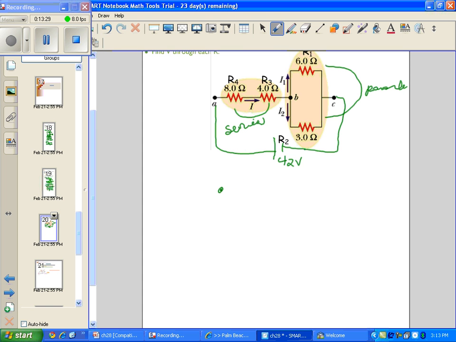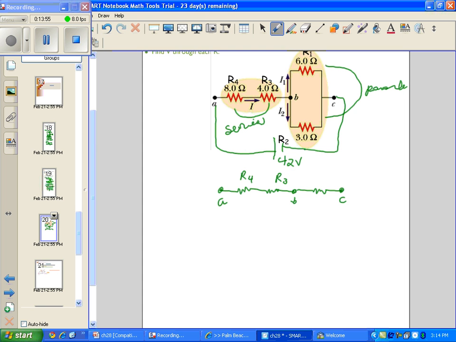Here's our point A. Let's go ahead and just redraw how we are going to connect up, this will be the point B, our circuit, so that we can systematically reduce it to a series circuit and therefore combine that into one equivalent resistance.